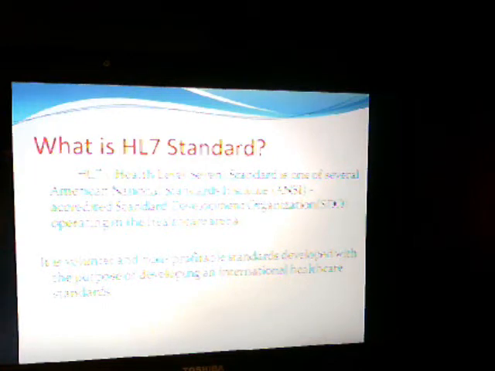It supports the exchange, management, and integration of data that supports clinical patient care. It is one of several American National Standards Institute accredited standards developing organizations operating in the healthcare arena.